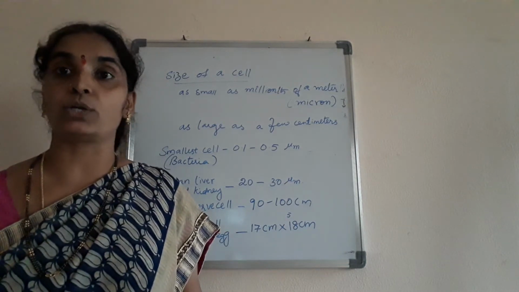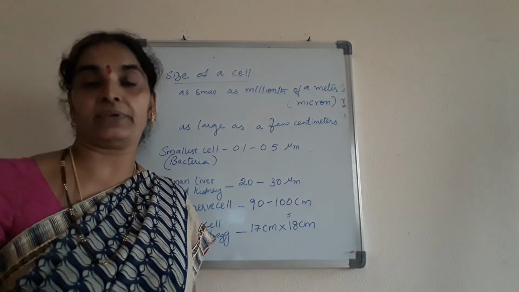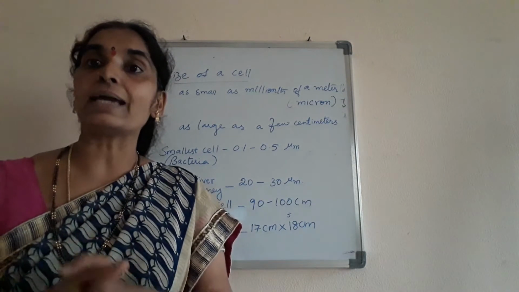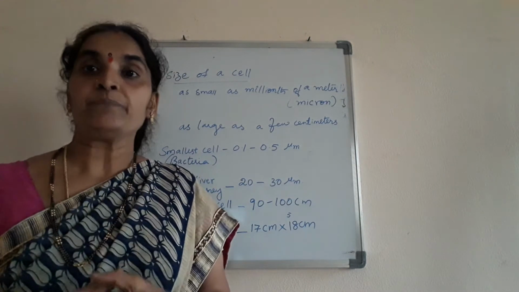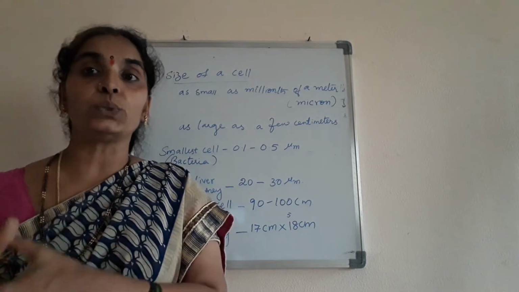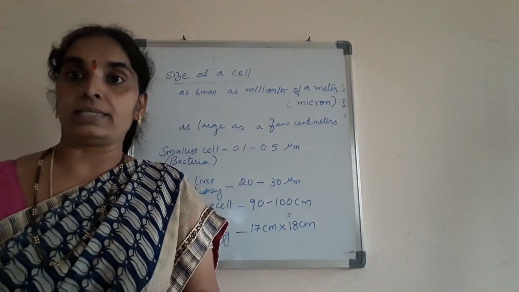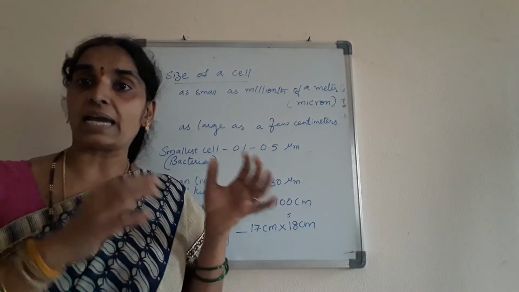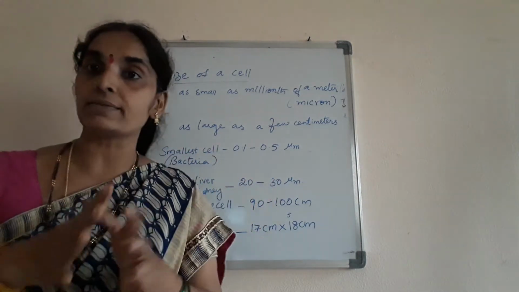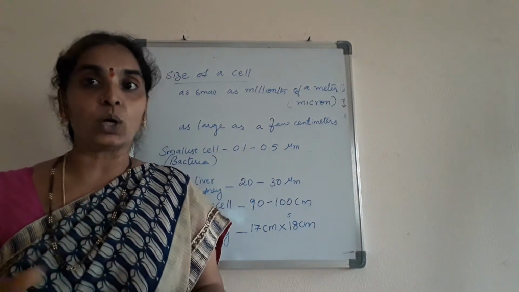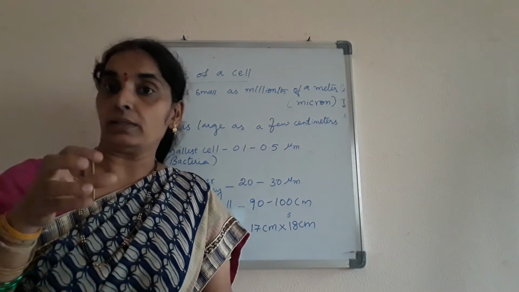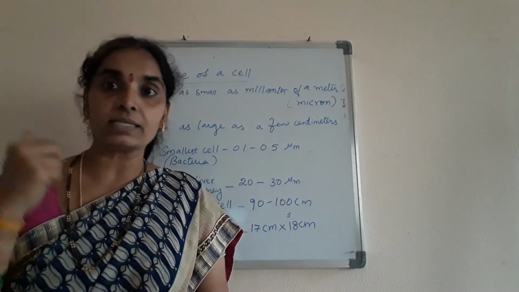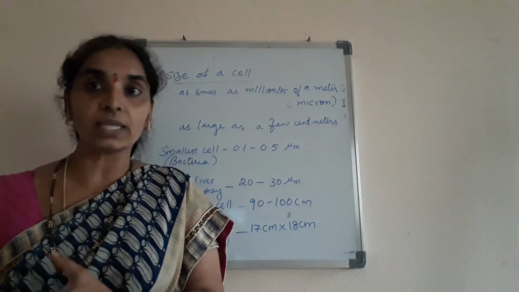So we can see that the size of the cell is mainly related to its function. The size of an organism depends upon the number of cells in it, but not on the size of the cells.